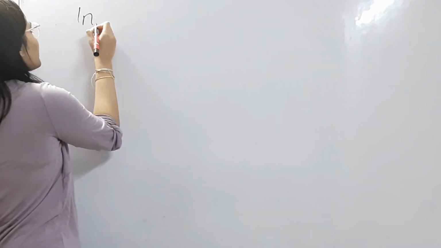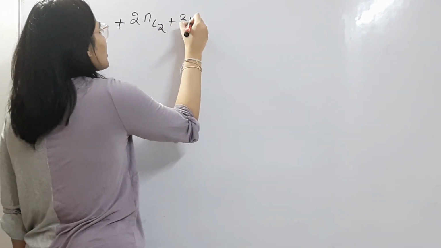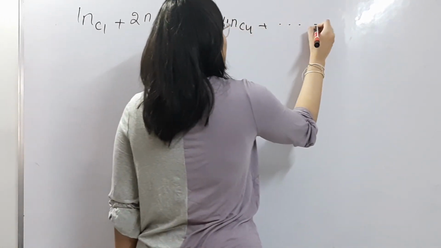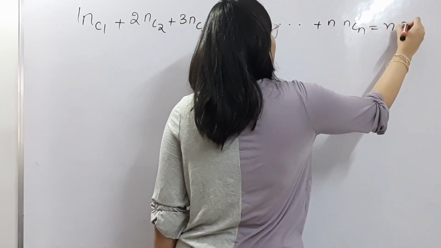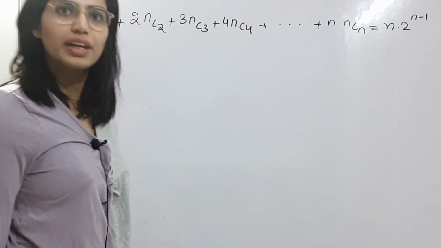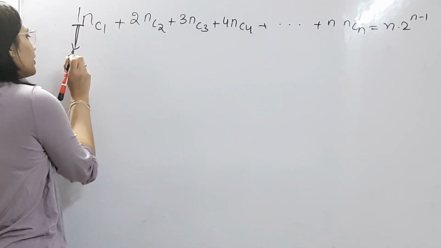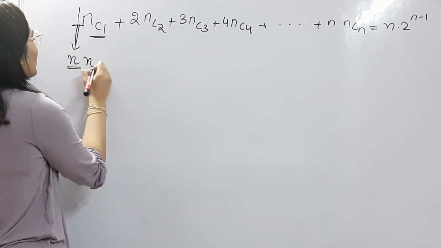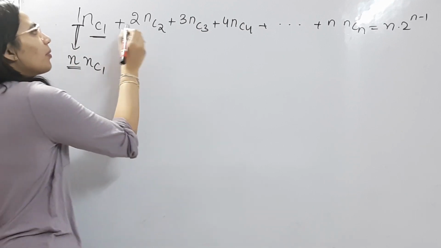Okay, 1 into NC1 plus 2 into NC2 plus 3 into NC3 plus 4 into NC4 and so on, plus n into NCn. It's nothing but n into 2 power of n minus 1. Here we are considering a value in front of the coefficient itself, and then incrementing that entire term by 1.